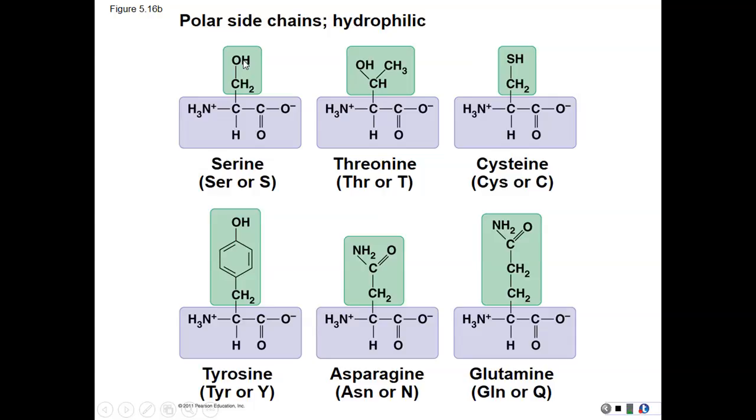So, serine, because of that hydroxyl group, is pretty recognizable as hydrophilic. Threonine, because of its hydroxyl group, pretty recognizable as hydrophilic. Cysteine, because of the sulfhydryl group, which is chemically pretty similar in its behavior to a hydroxyl group, pretty hydrophilic.